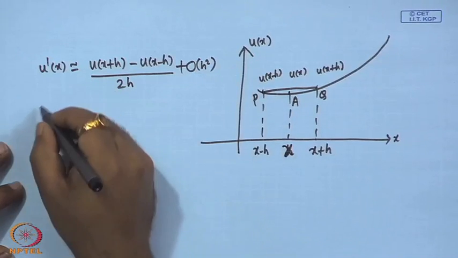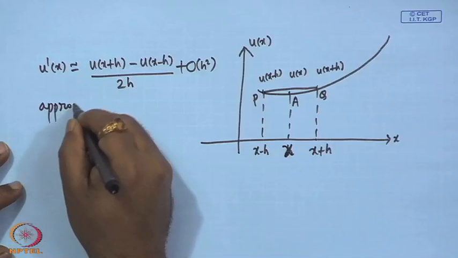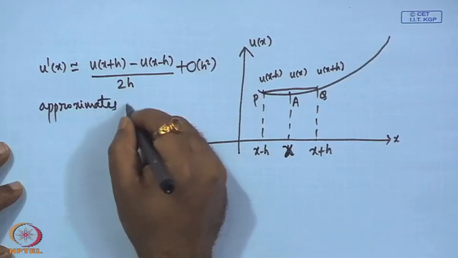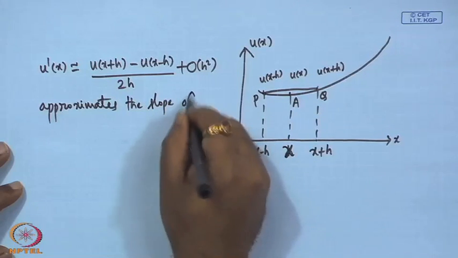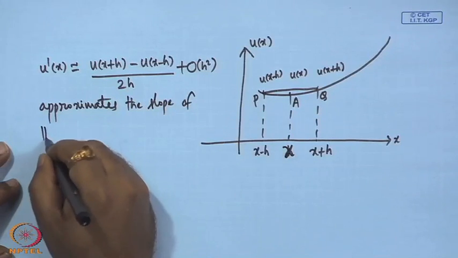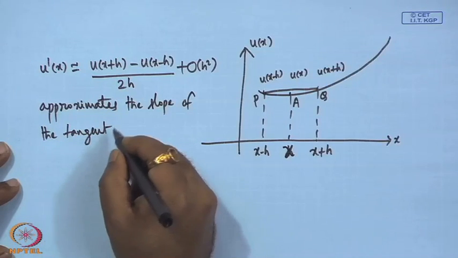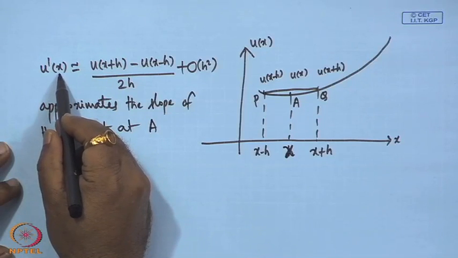So, this approximates the slope of the tangent at A, because it is x. So, what is x?